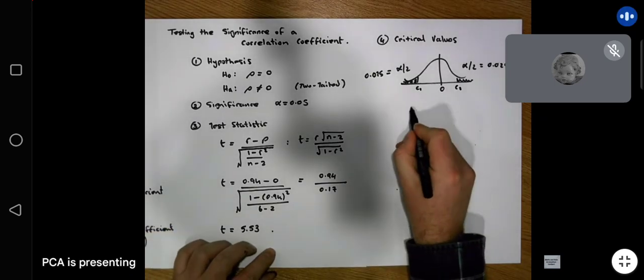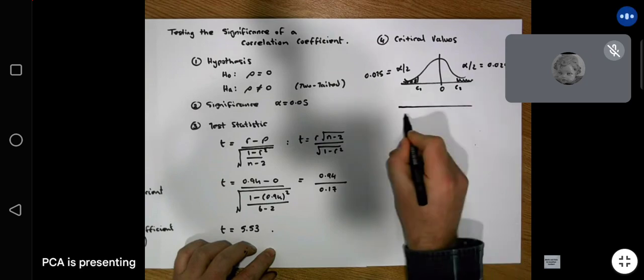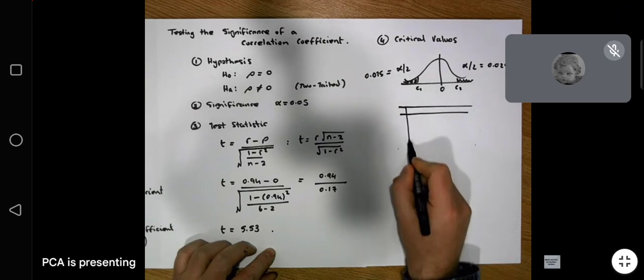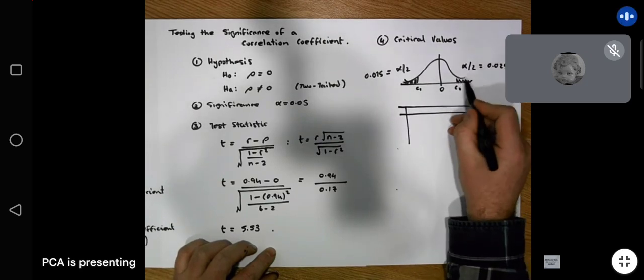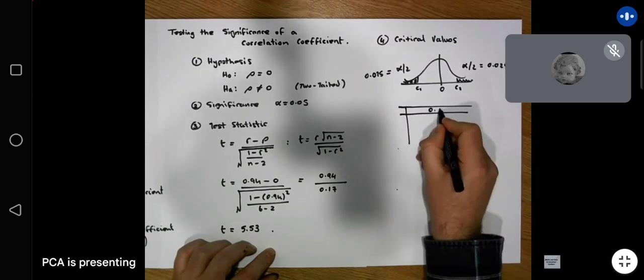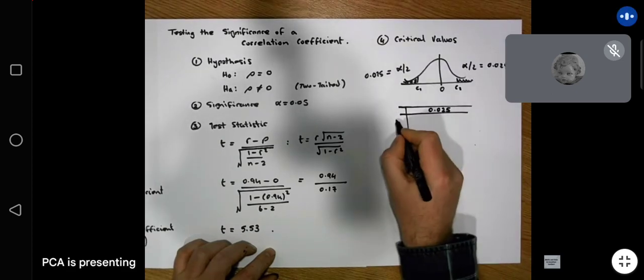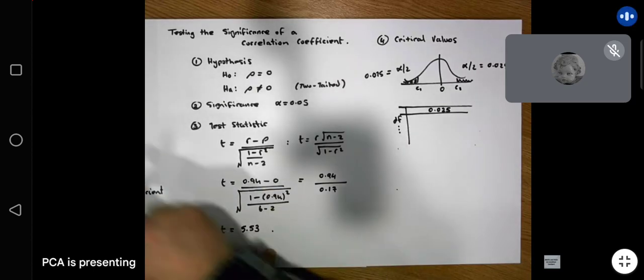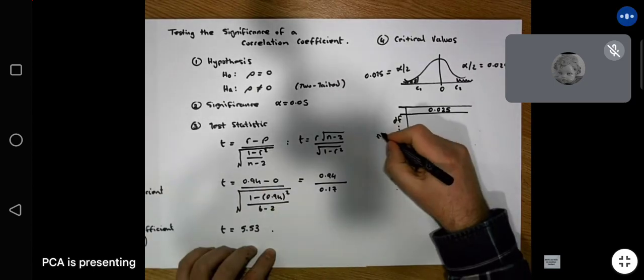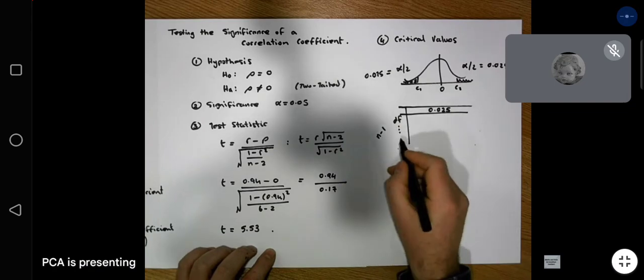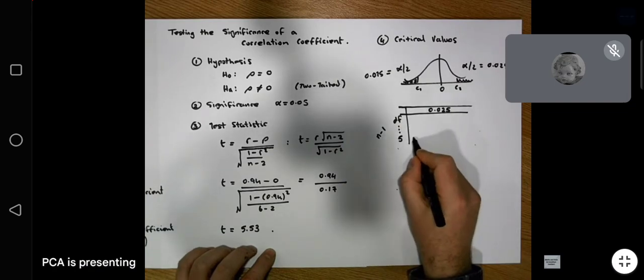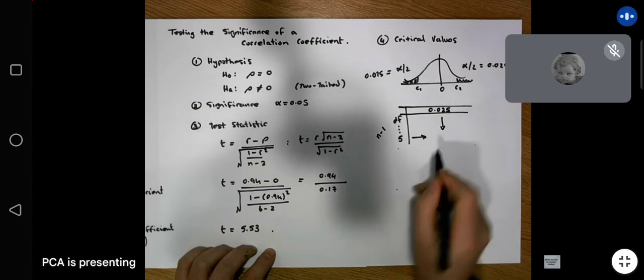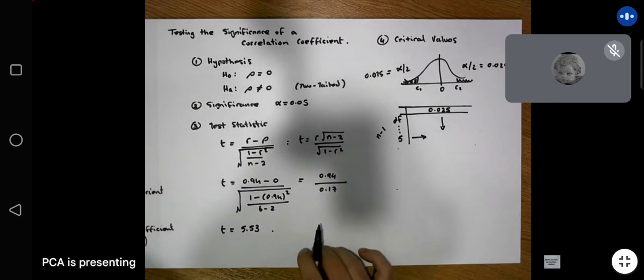And to find that, we go to our t-distribution tables. We will look for the area in the right-hand tail, which is 0.025, and our degrees of freedom are defined to be the sample size minus 1, so it's n minus 1, which is 6 minus 1, gives us 5. We triangulate in, and this is our respective critical value.